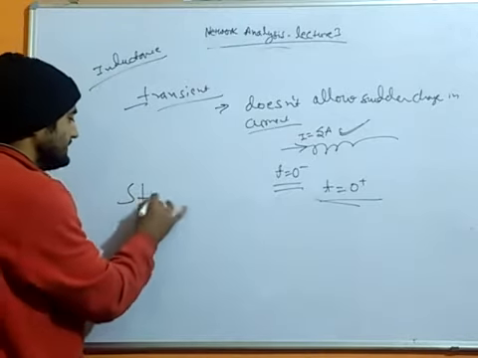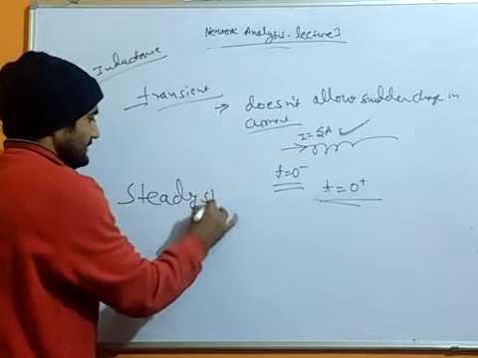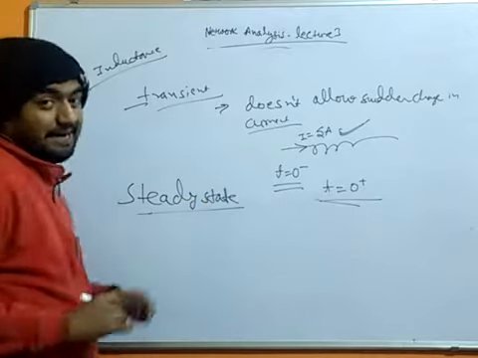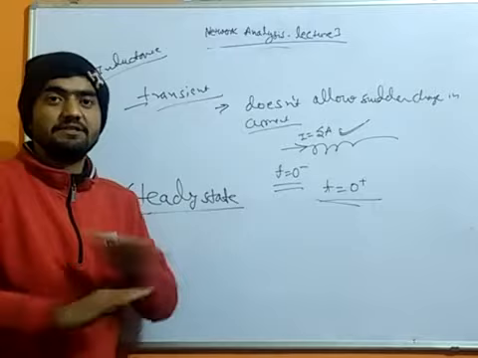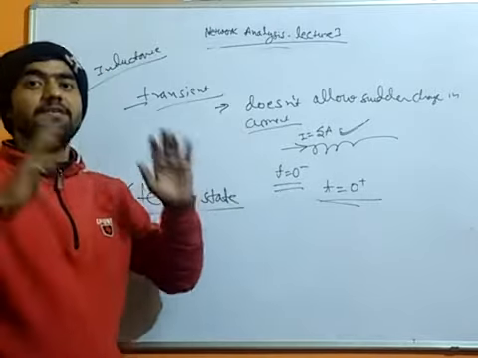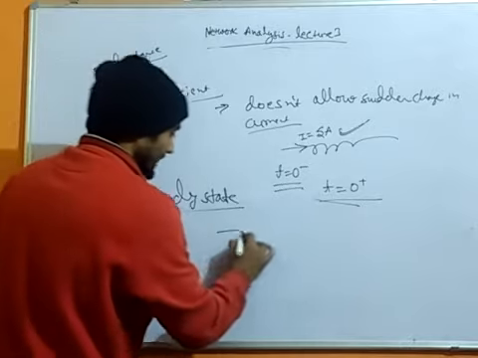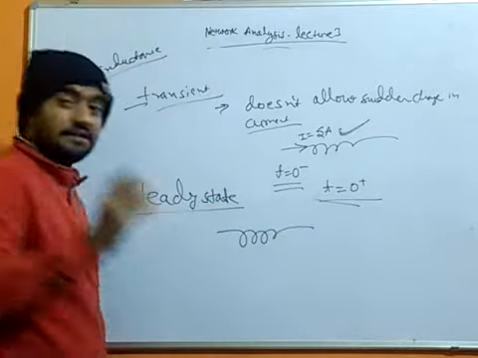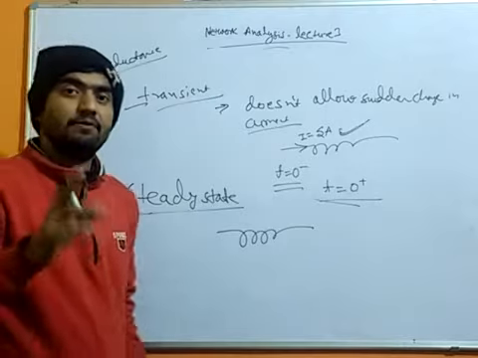And what about the steady state nature? Steady state means just established, the level where it is going to be stable. So I am talking about the inductor. Inductor opposes the change in flow of current.